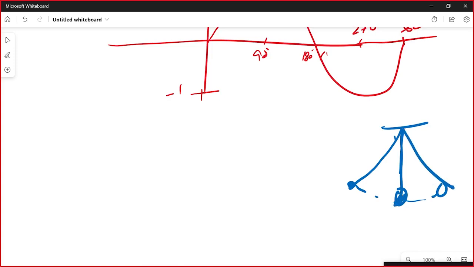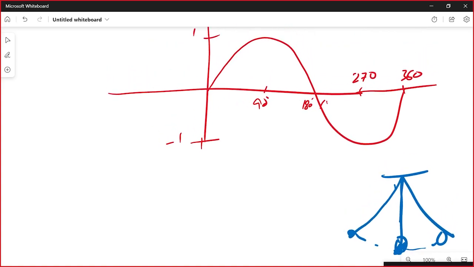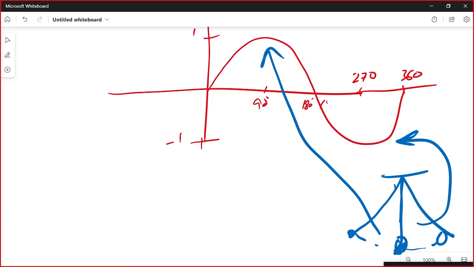So if we think this is 0, it goes up on one side, goes to the maximum position, then starts coming back, comes to 0, then goes to the other side. Does this make sense to you? Yeah, this makes sense. Okay, good.